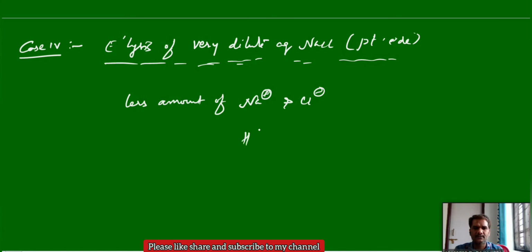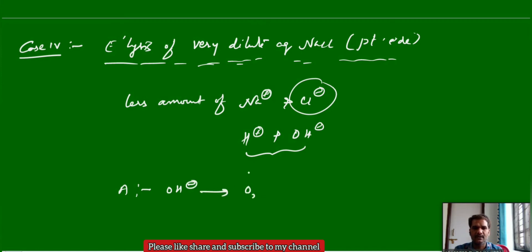Then H plus and OH minus ions, this concentration is more. The availability of H plus and OH minus is more compared to the Na plus and Cl minus. Ultimately, when you apply some electric current, these ions will be responsible. Why? Because the collisions can take place effectively between these two rather than these, as they are very few in number. So at anode oxidation, instead of Cl minus here, OH minus will move towards the anode and liberate oxygen.